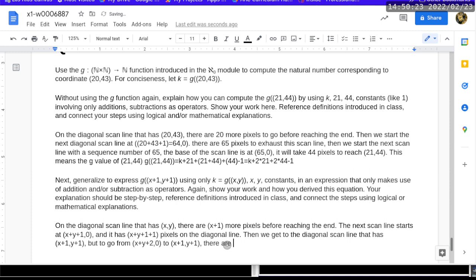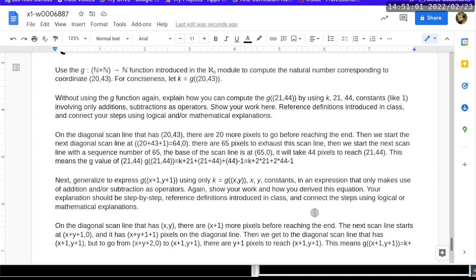There are, so we increment y each time that we go up, so there are y plus 1 pixels to reach x plus 1, y plus 1. This means g of x plus 1, y plus 1 is k, which in this case is defined to be g of xy.